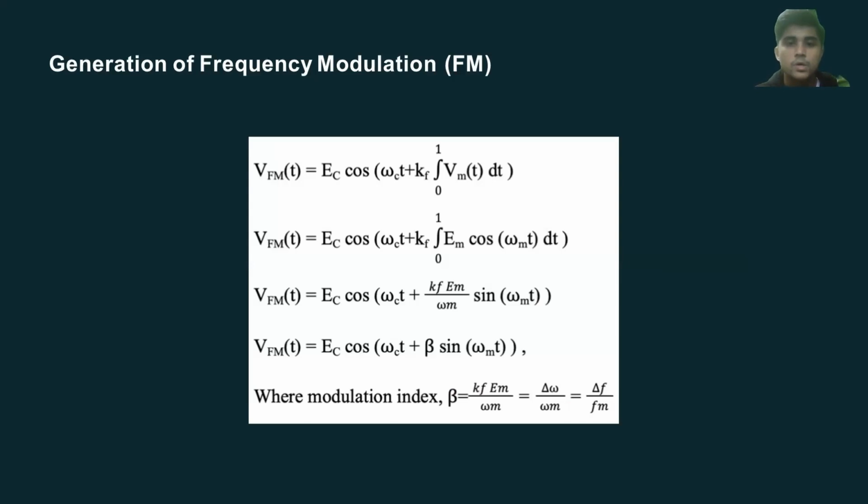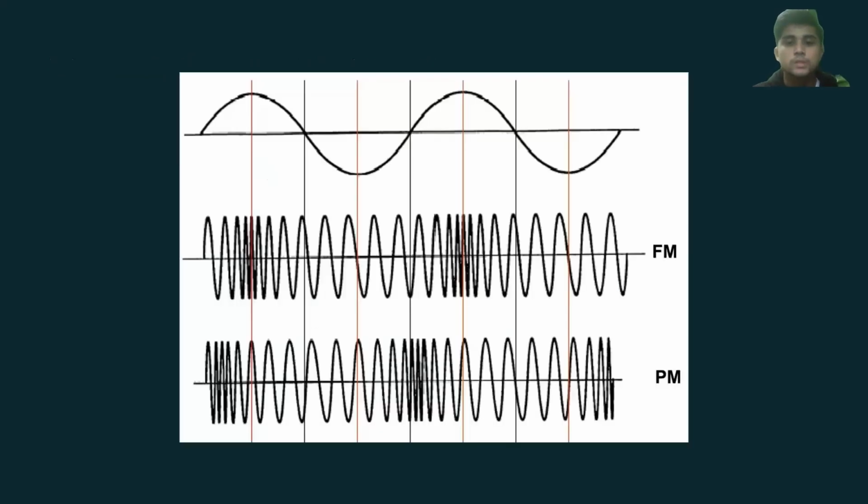Vm(t) stands for the message signal. Beta stands for the modulation index, where beta equals Kf Em over omega m, which equals delta F over Fm. Delta F means the frequency deviation over the modulating frequency signal. So next, this is the FM signal in the time domain.